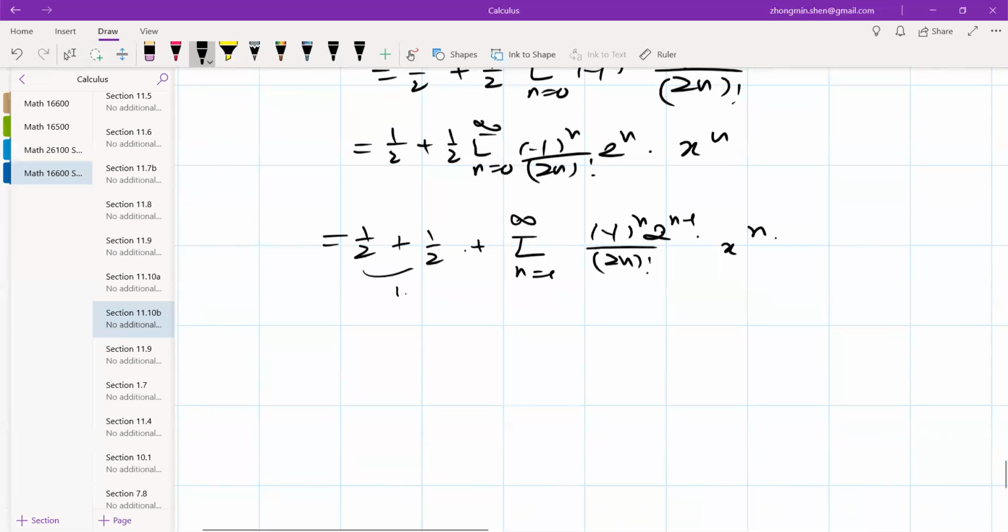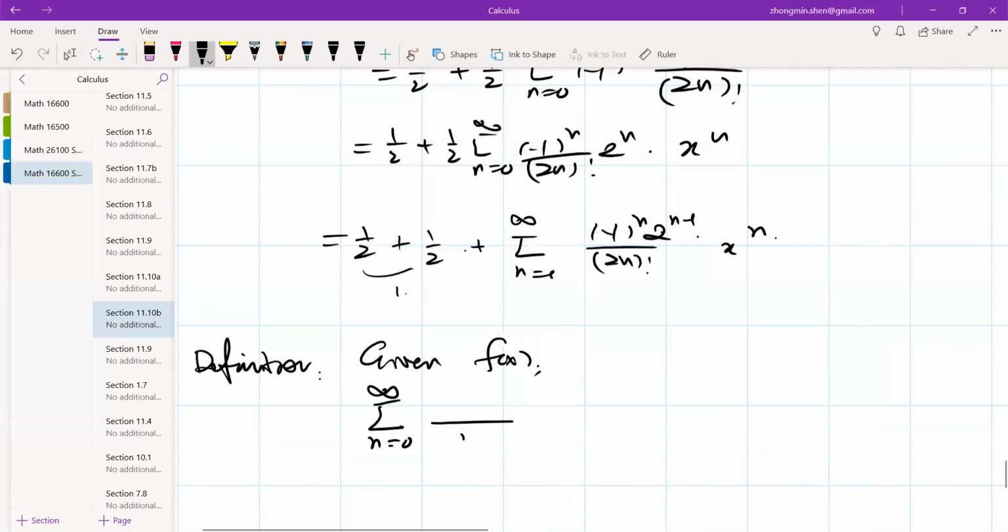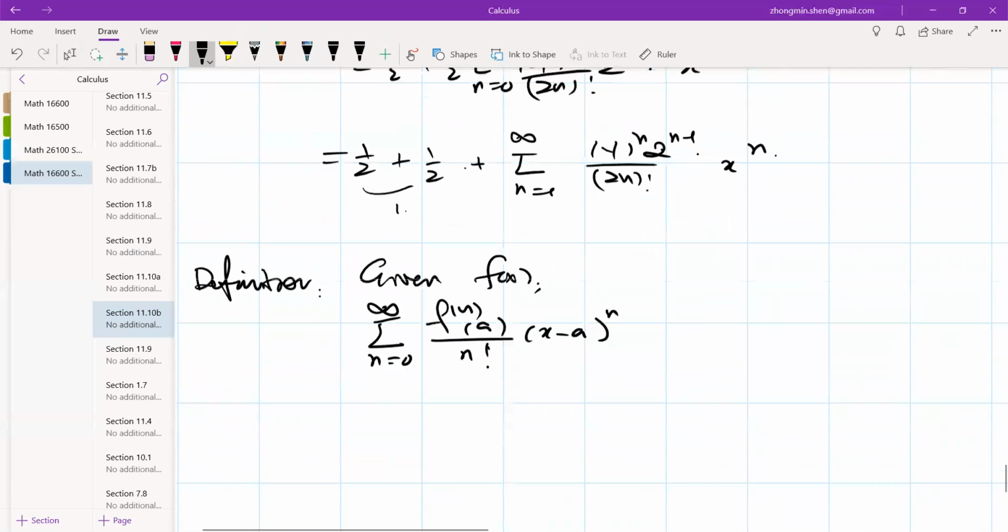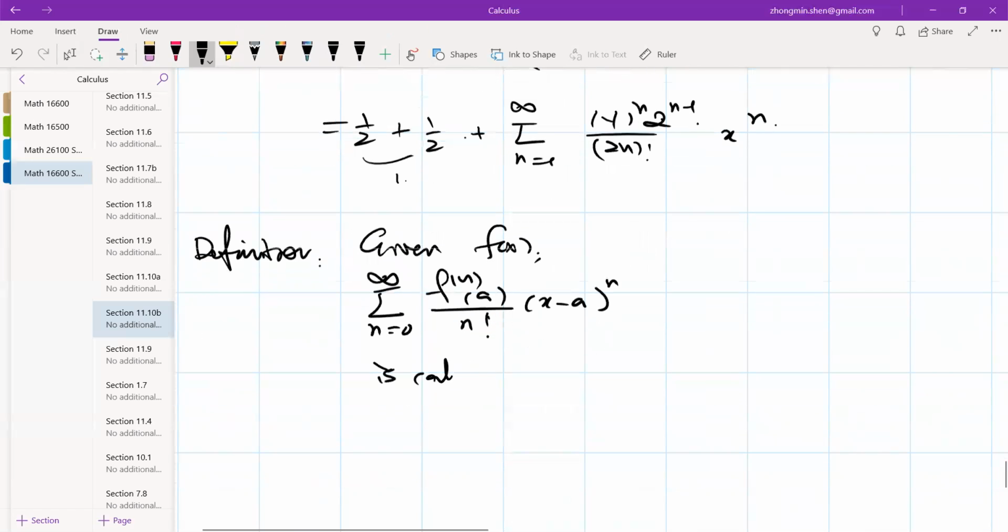All right, so next question. Let me repeat the definition I mentioned several times. Given f of x, this series, where you can differentiate many times, is called the Taylor series at a.